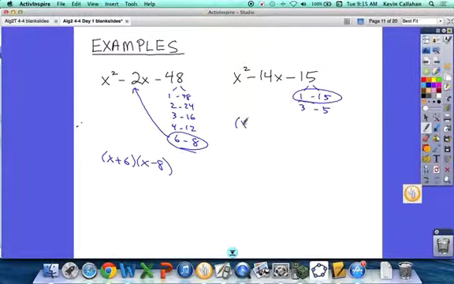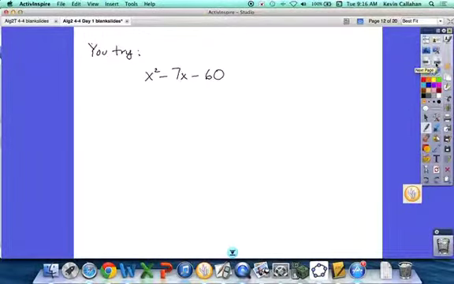So this is x plus 1 times x minus 15. Okay, so try this one for yourself then.